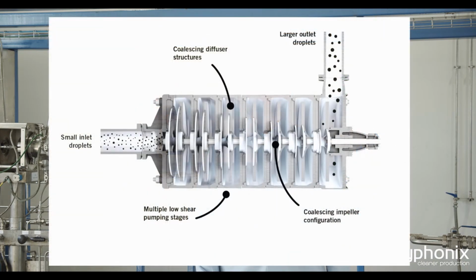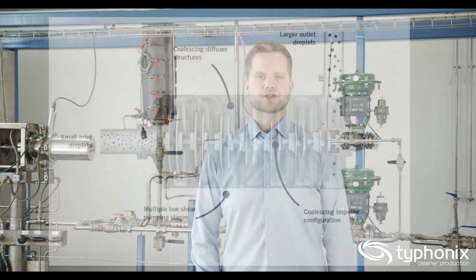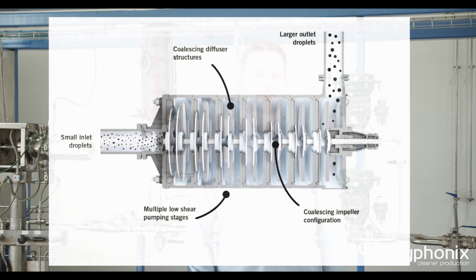We have also optimized the turbulence, and you can see in the illustration of the pump that the impellers are gradually reduced to optimize the turbulence as the sizes of droplets increase due to coalescence. So the illustration shows the small droplets entering the pump, meeting the coalescing diffuser, our multi-stage low shear pumping stages, and the coalescing impeller configuration.